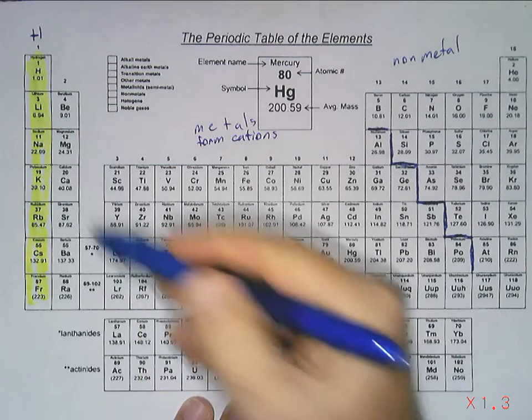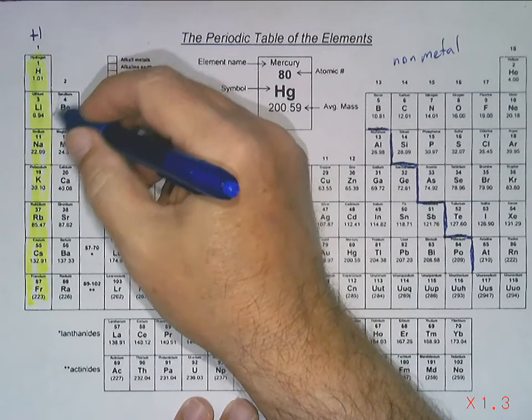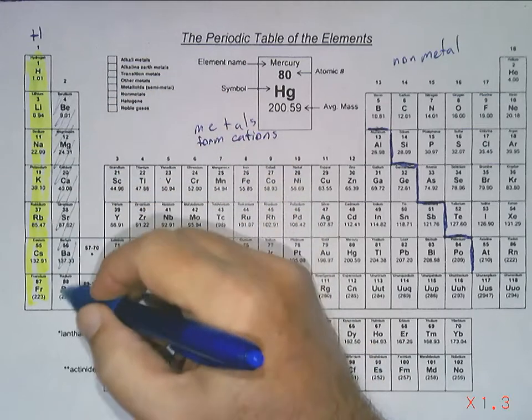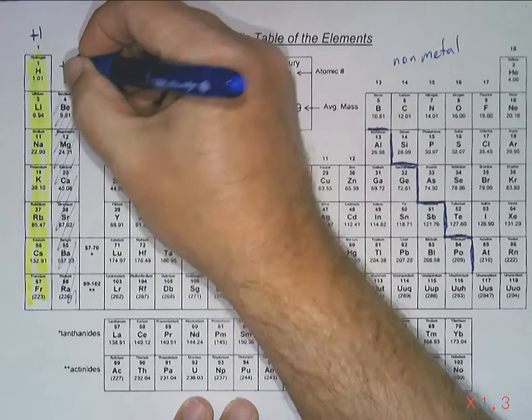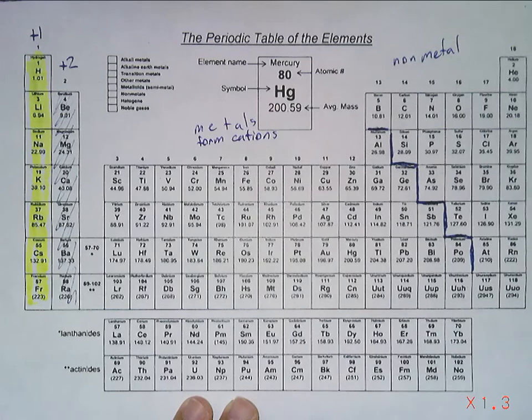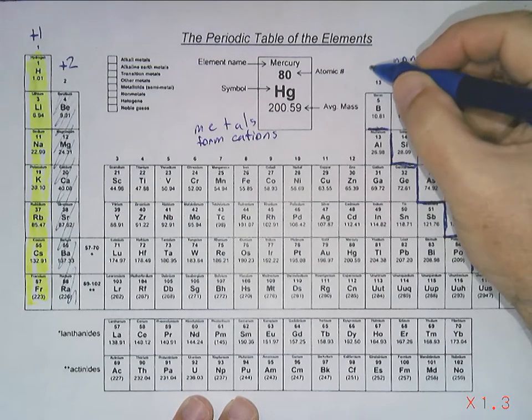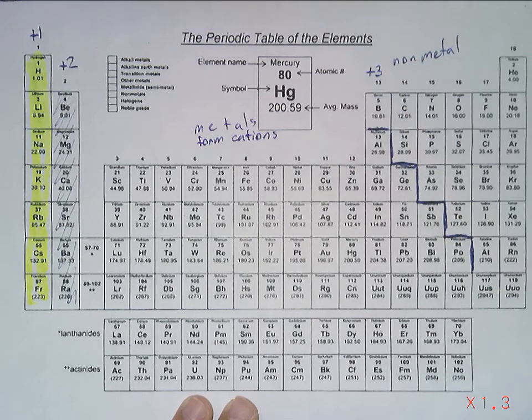In the second column, all of the ions form +2 ions. In the third column, most of the things in this column form +3 ions, if they're metals.